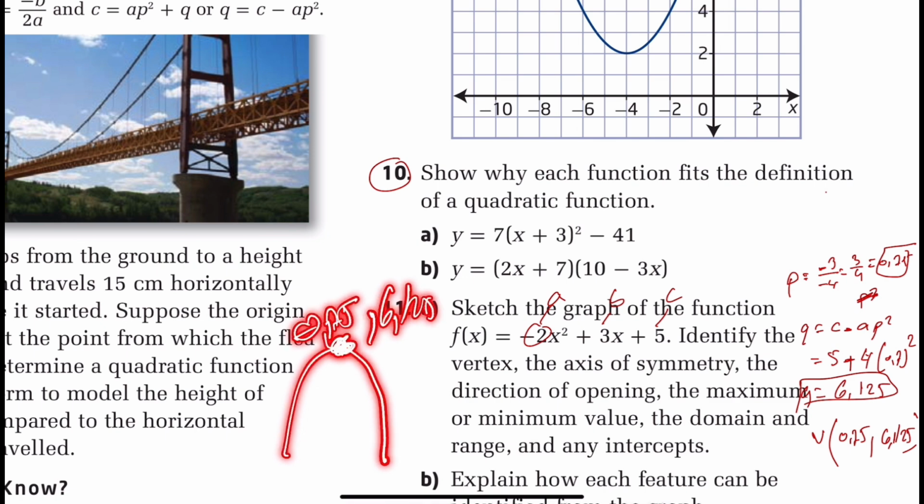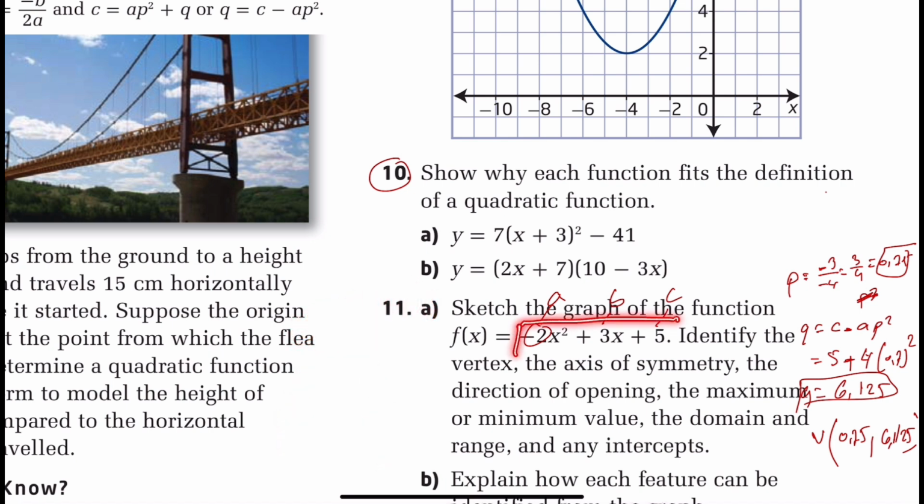This is my highest point. I need just to find the x-intercept. For the x-intercept, I have to make this equal to 0. But the general form of your parabola is like this.